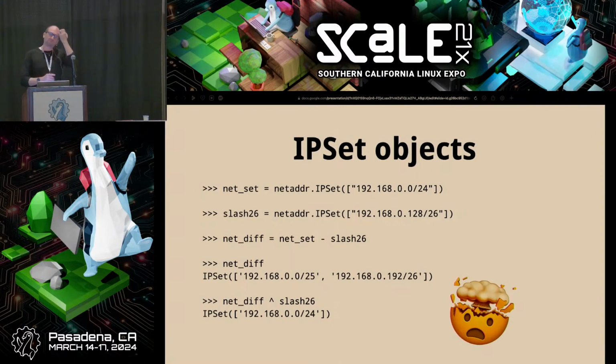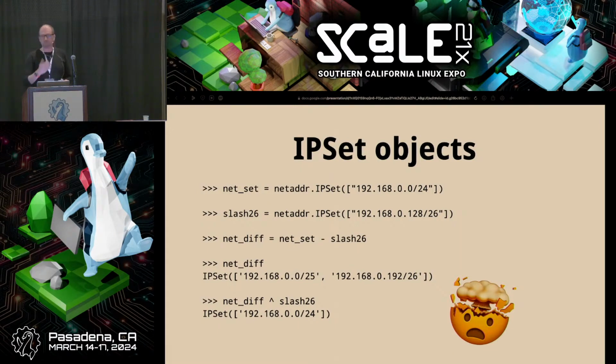So you would have to think, okay, where do the first two end and where does the last quarter begin? But what you can do here is with those IP sets, you just do simple set math, like this is a set difference here using the minus operator.